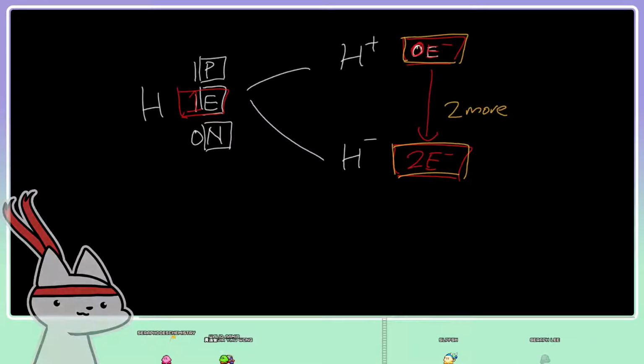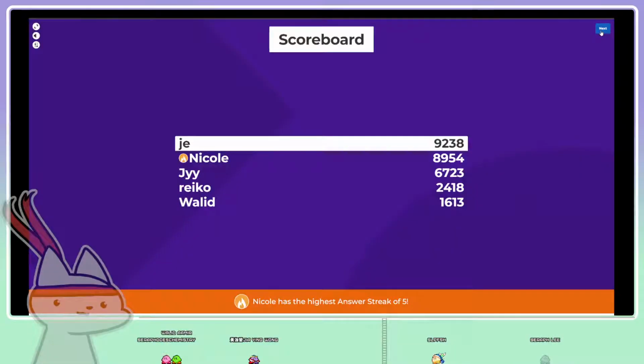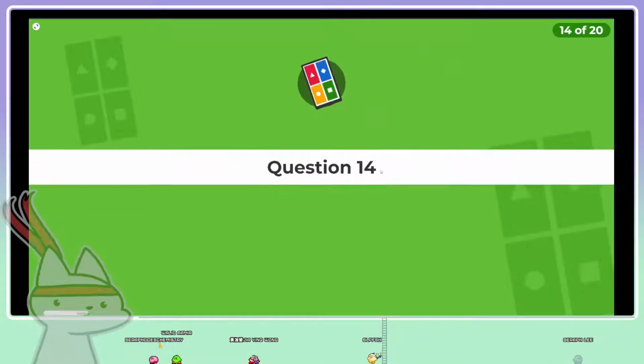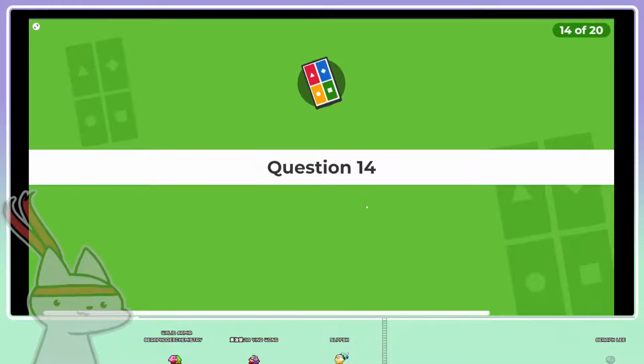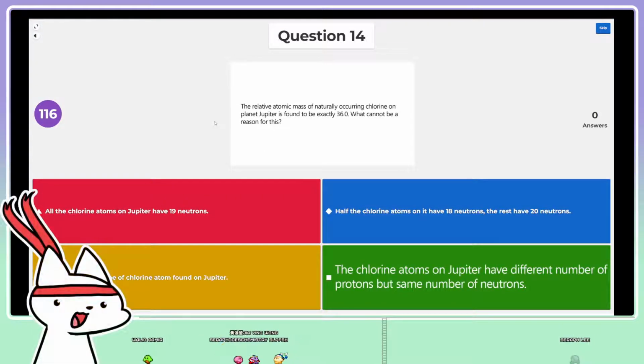Okay. Be careful. This is a question that tests students' ability and understanding of how isotopes work.